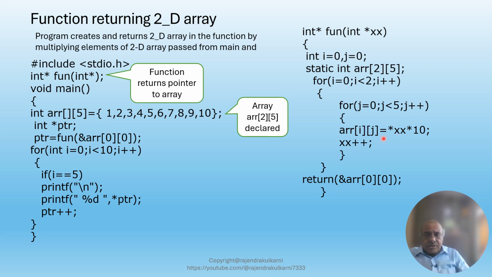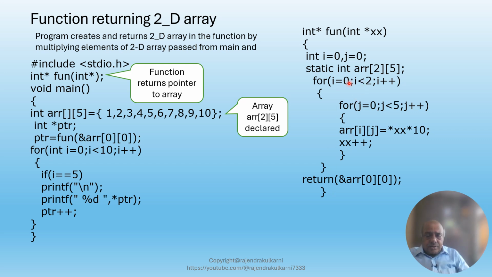As XX increments, it starts pointing to the other elements of the array ARR of the main. Each value will be multiplied by 10 and assigned to the static int ARR, which we have declared in the function.